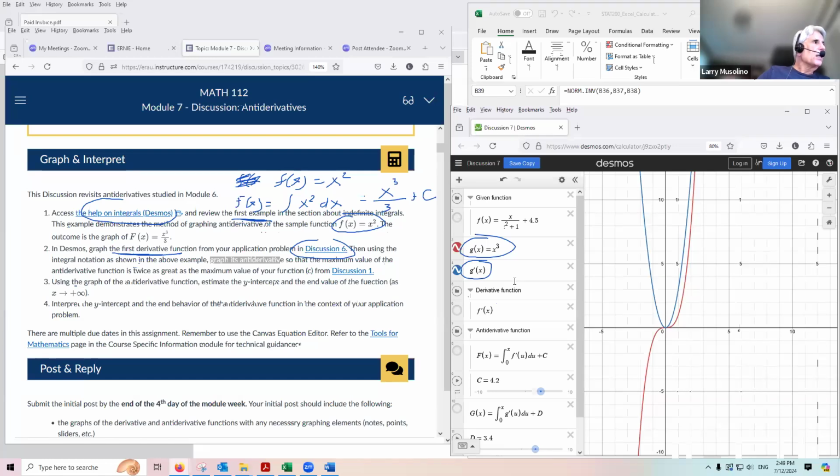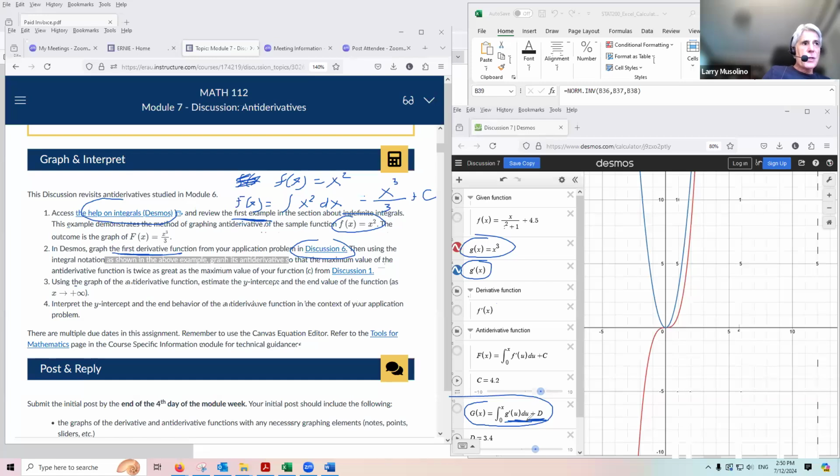Now it says, using the integral notation, graph the antiderivative. Here's the way you can do that. What you can do is you can say capital G of x is the integral from 0 to x of the derivative function. And I'm going to put this arbitrary constant out here, plus d.